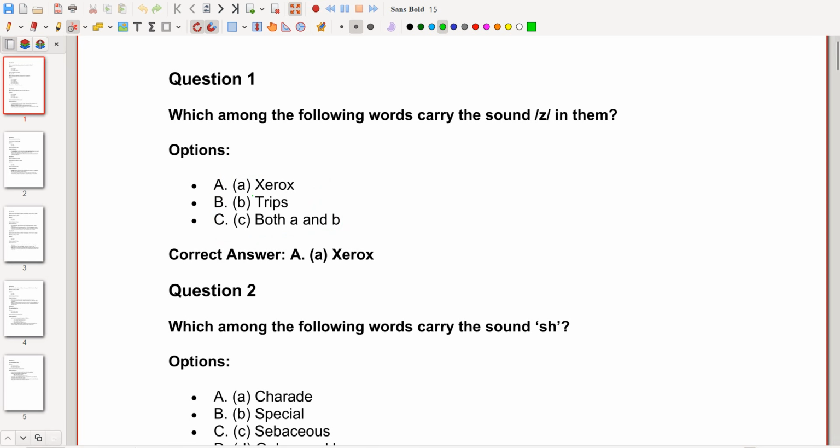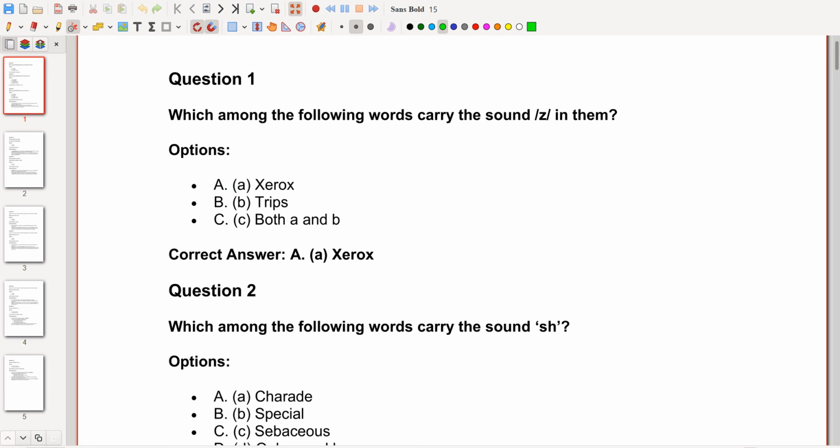The first one is Xerox. The second one is trips. Here we are having the ish sound, but in the first option we are having the Xerox z sound, right? So this is the z mentioned in the question. Therefore, the correct answer is option A.